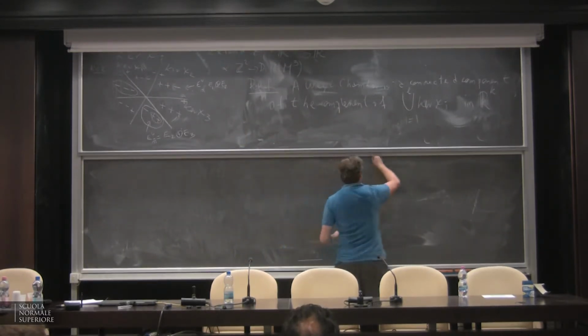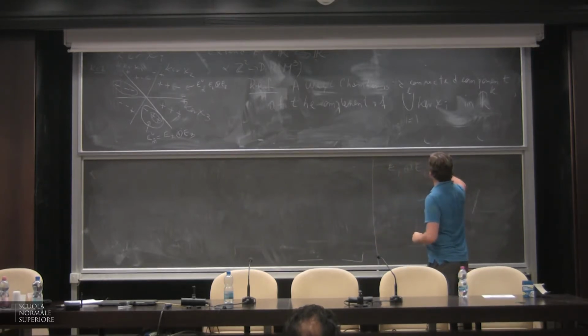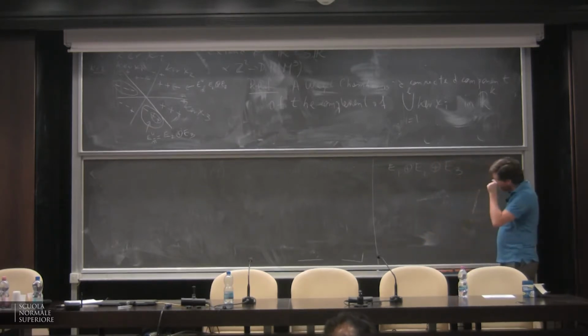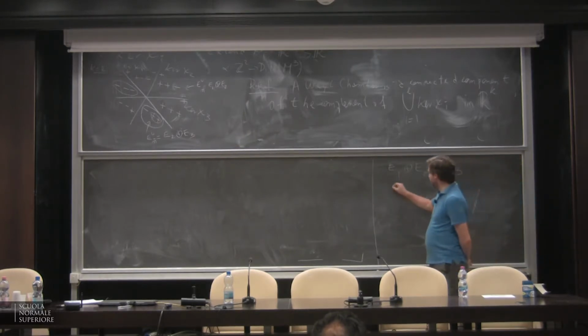So let me make some comment here, which relates to something that Yasha Pesin said in his first lecture. Let's imagine you have just one diffeomorphism F, and you have the first exponent chi1, second chi2, and so on.